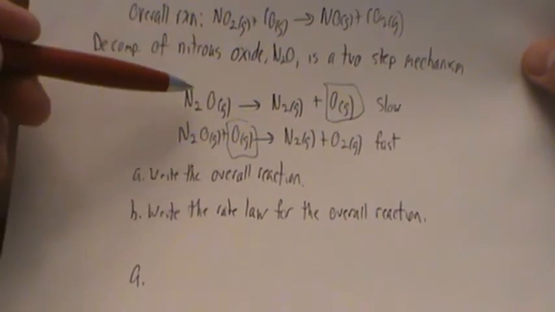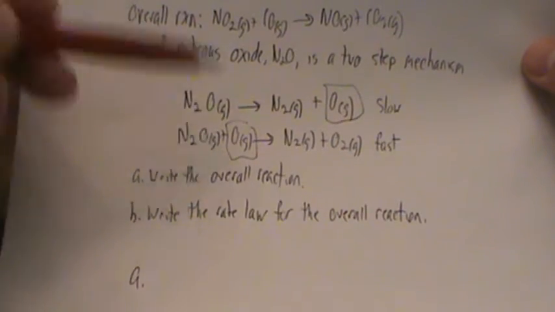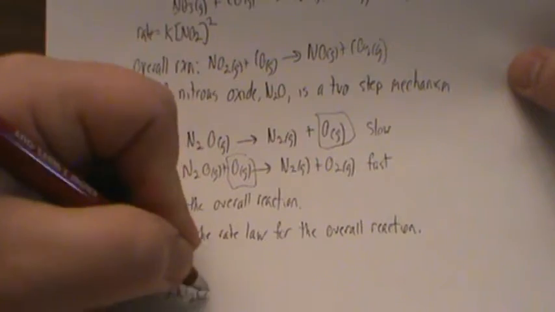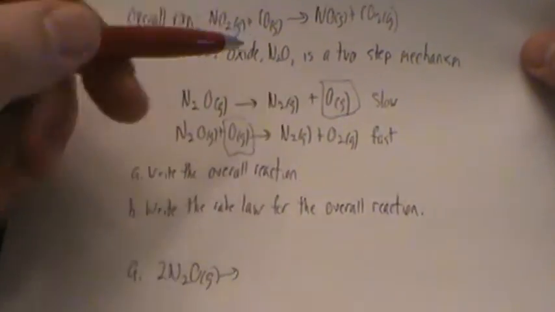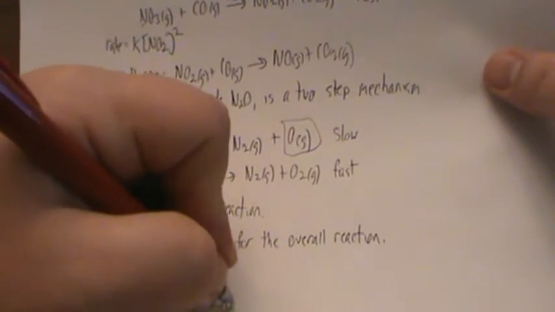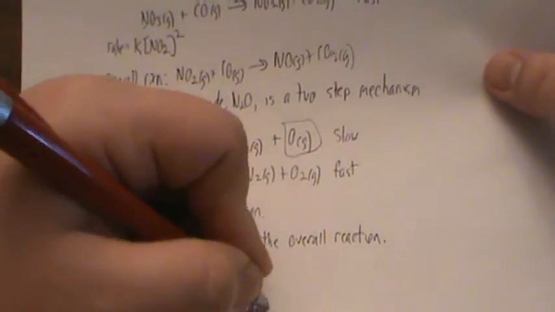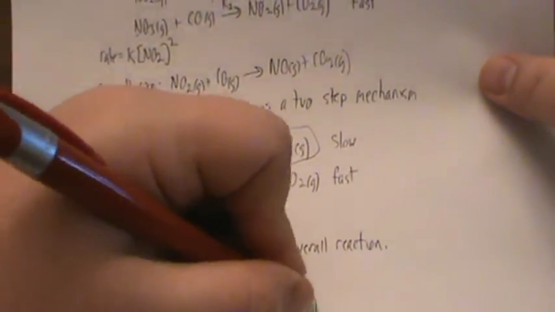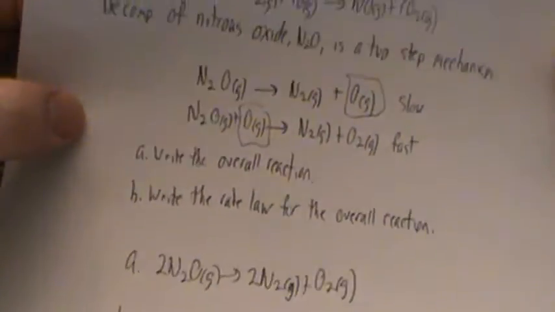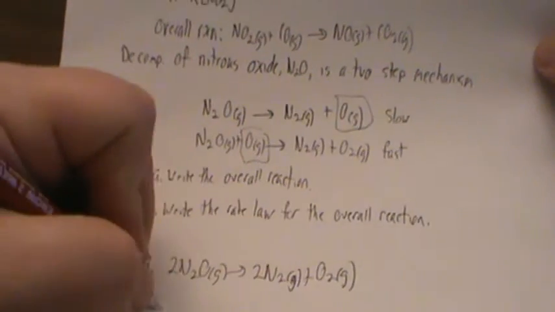Now we have N2O, N2O. So we have 2 N2O gas. You'll see then over on the right hand side we have 2 N2 gas plus O2 gas. So that's the overall reaction. Now B, write the rate law.